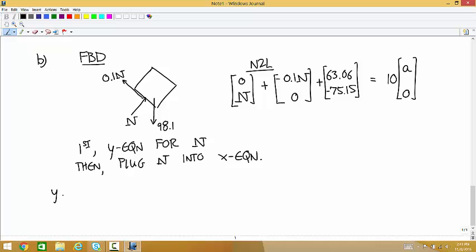So the y equation says n minus 75.15 is equal to 0. So n is equal to 75.15.